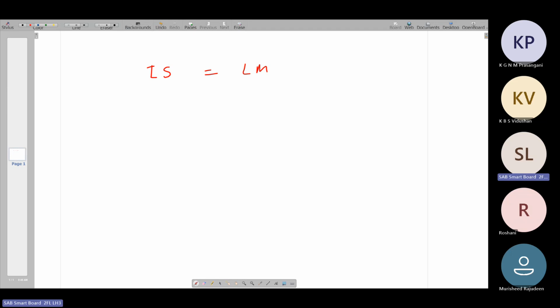Now, this IS is investment and savings. LM is liquidity preference, that is the money demand, and M means the money supply. I means the investment, S means savings.